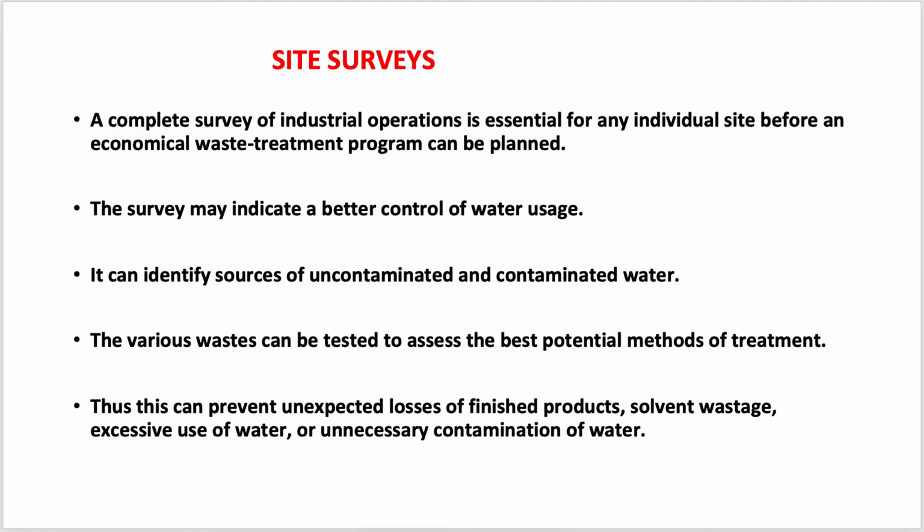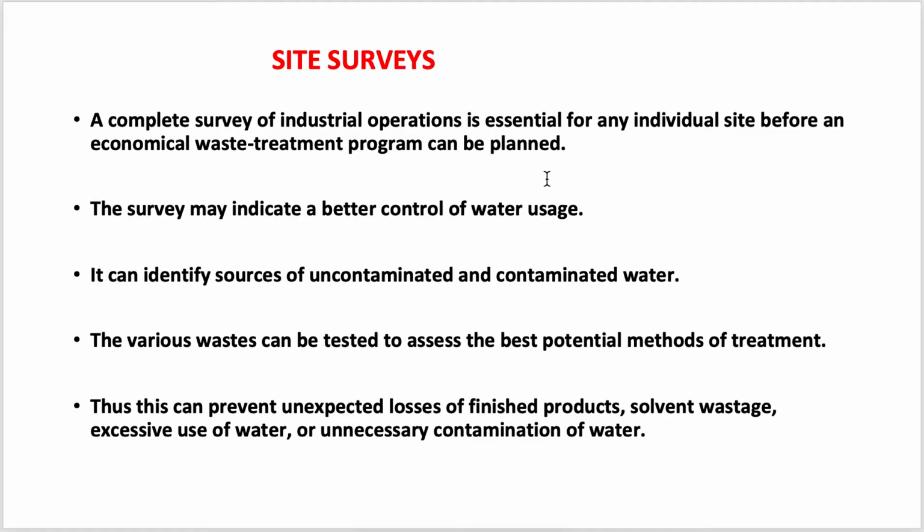A complete survey of industrial operations is essential for any individual site before an economical waste treatment program can be planned. Treatment program means what kind of methods will be used to treat the waste and how the waste will be treated.